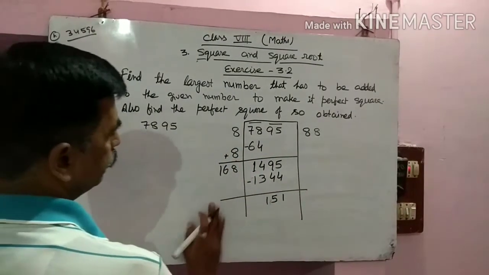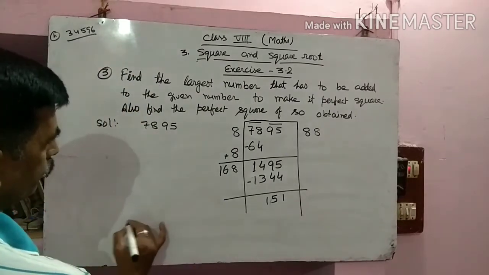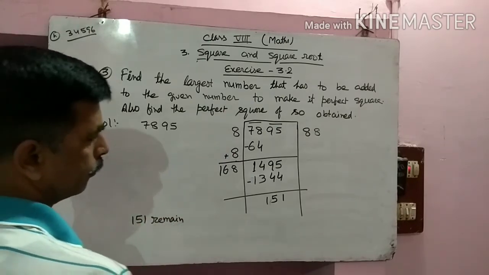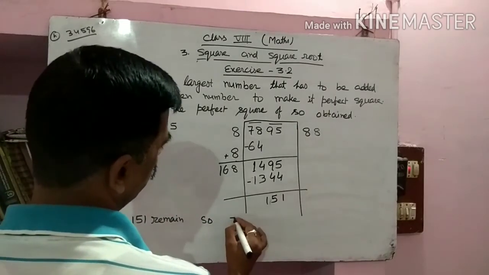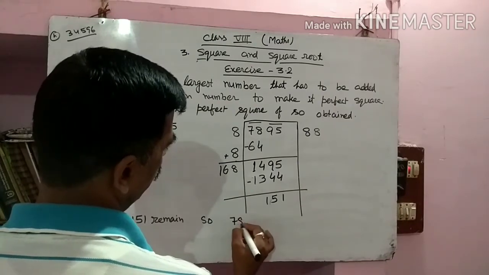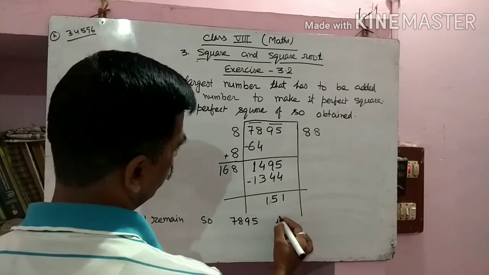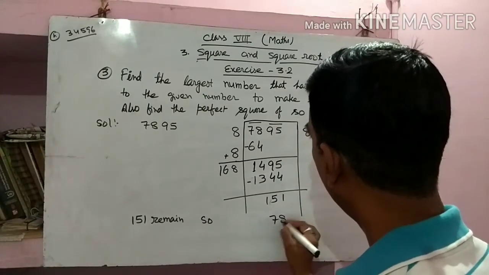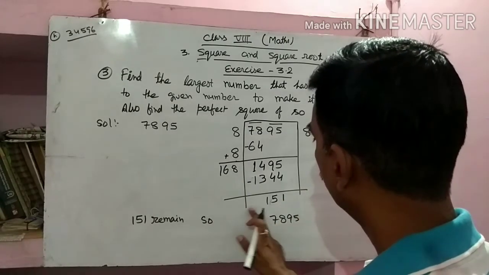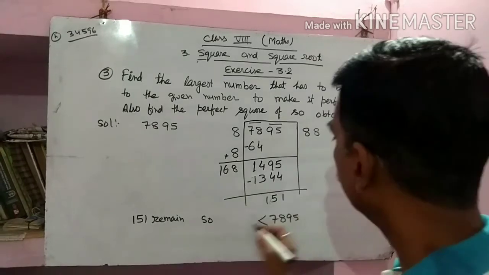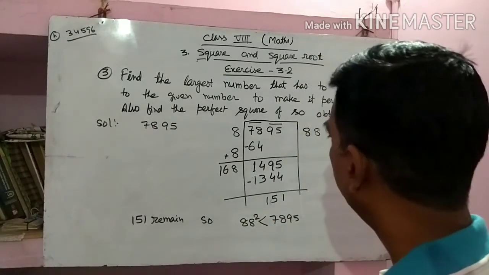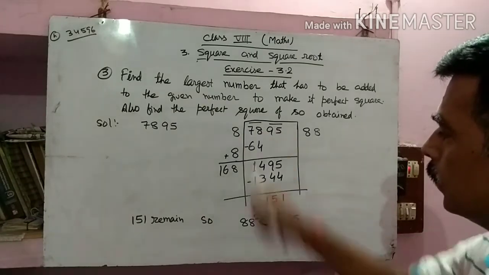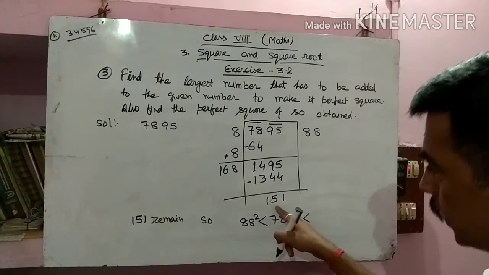So you can write that: 151 remains. So 7895 is greater than the square of 88, because after the square of 88, 151 is the remainder, which is less than this number, but this much remains here.